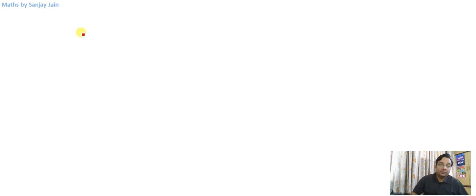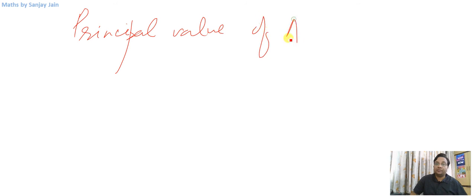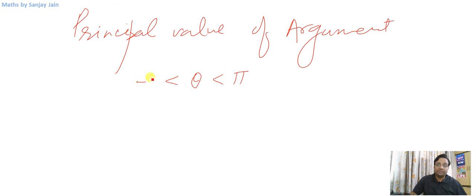But now I am talking about principal value of argument. I want my theta to be between minus pi and pi only, where pi is included, minus pi is not, because minus pi and pi both refer to the same ray here.